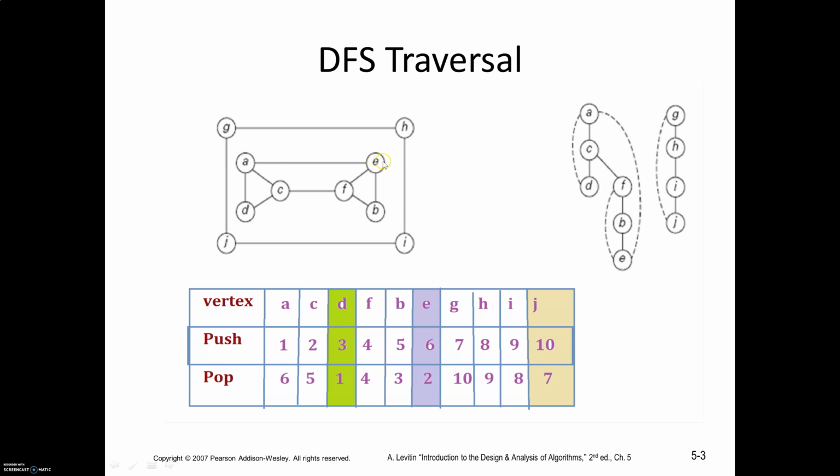Now pop out E from the stack, then B, then F, then C, then A. With that you have removed all the vertices of the graph from the stack.